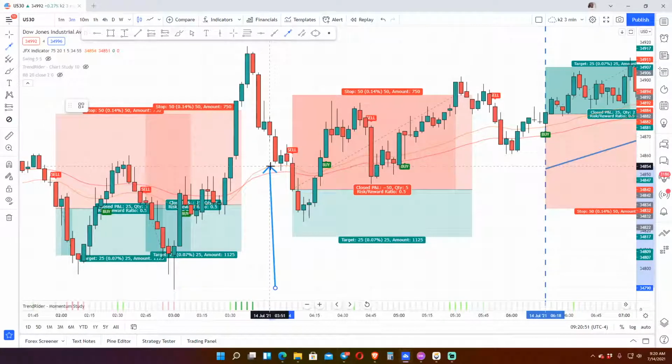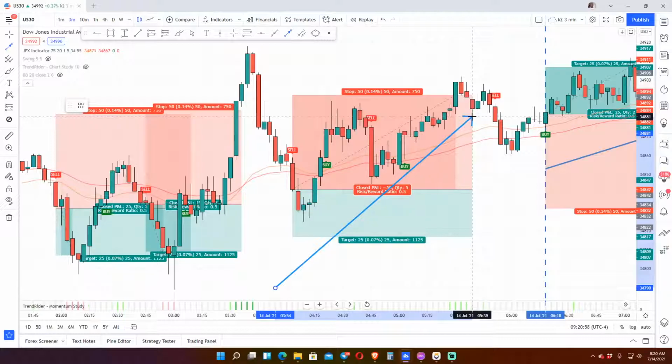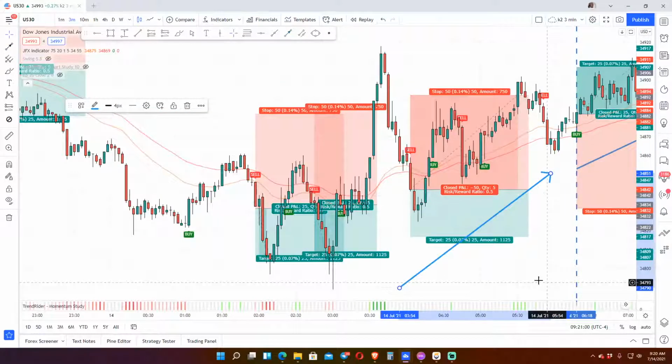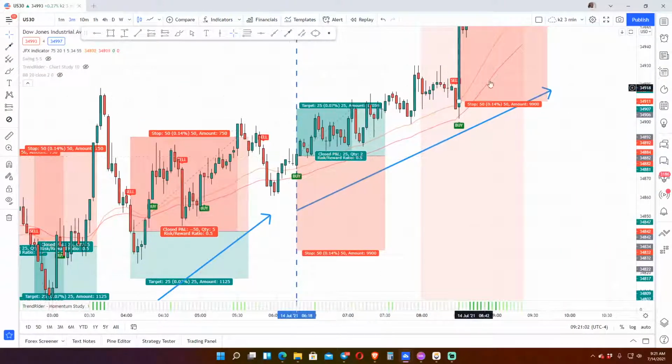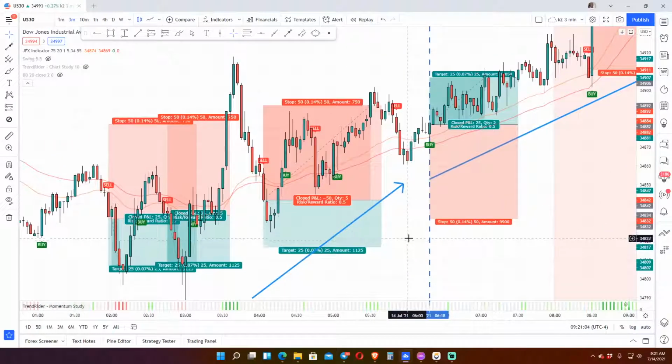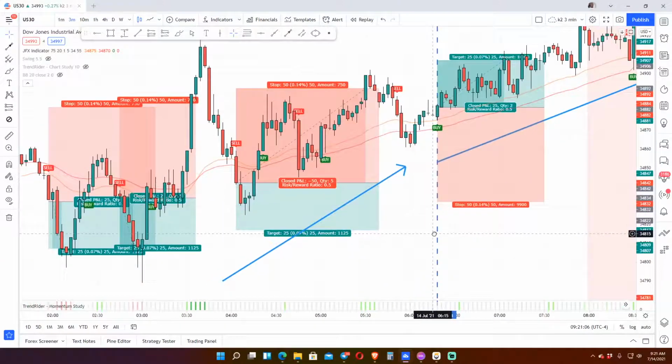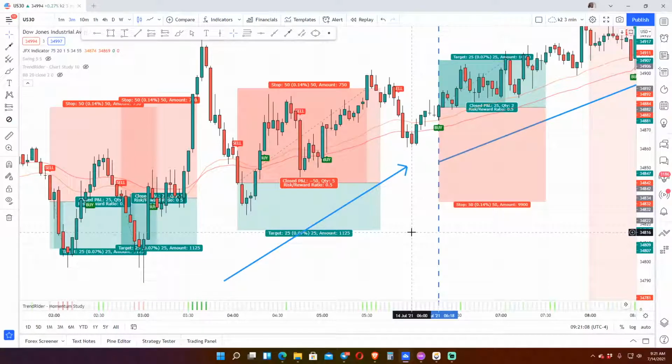So as you can see, yes, it went down for a bit, but it retraced back up, and eventually later down the road it just skyrocketed. So you got to be careful when doing trades like this, and also you got to be careful with news, because with news, anything can happen in the market.